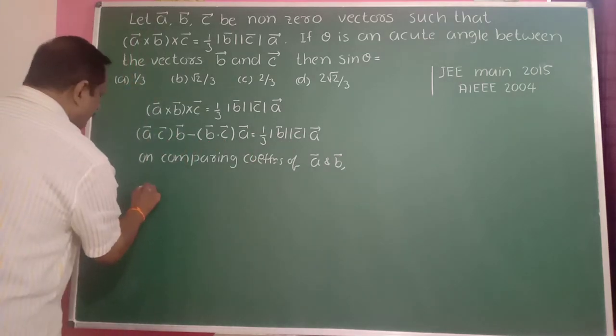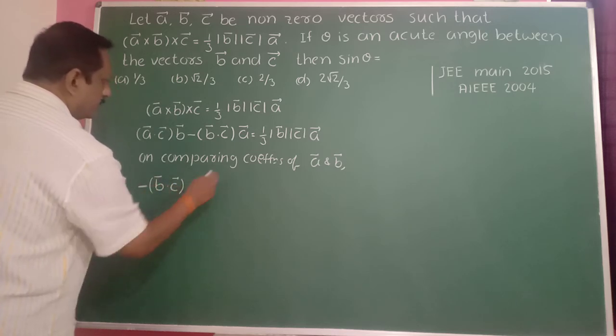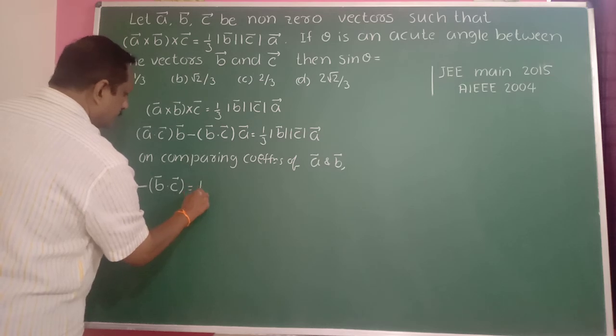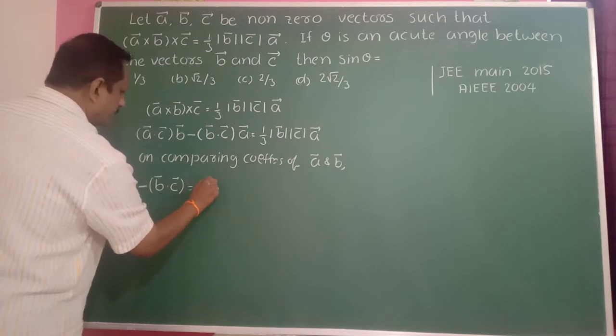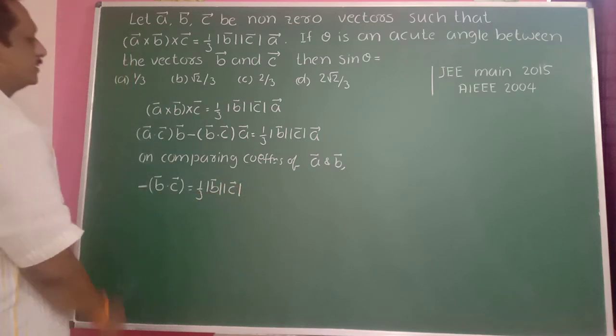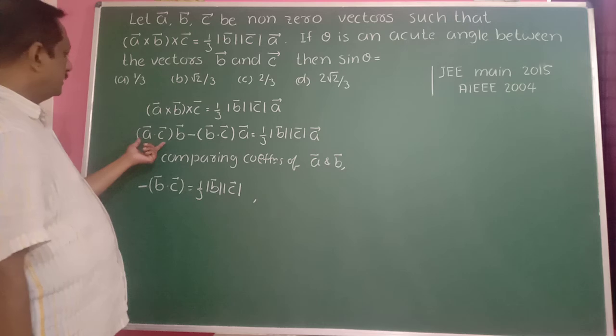So minus (b bar dot c bar) is equal to 1 upon 3 modulus of b bar into modulus of c bar. The coefficient of b bar is a bar dot c bar.